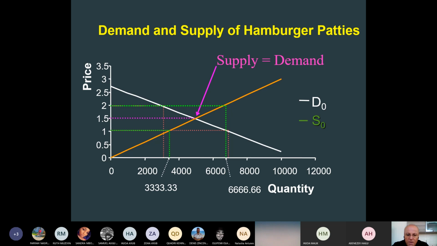Therefore, the difference between these two is the scarcity in the market. Either this is going to be imported from foreigners to cover the consumers' need, or the producers will enlarge and increase the production capacity, if it is possible, and enlarge the market towards the equilibrium.